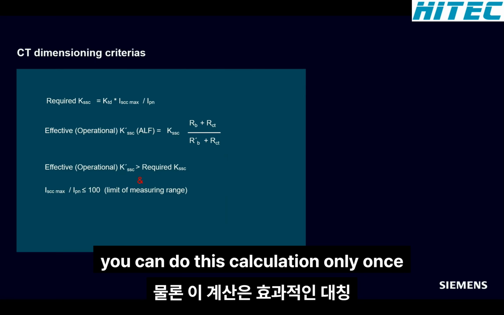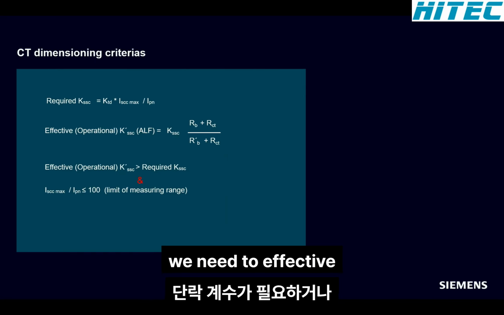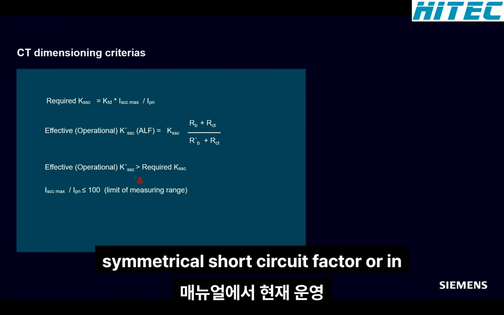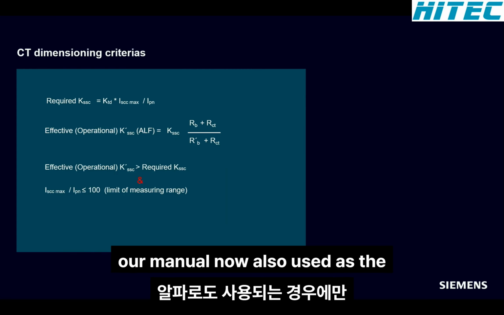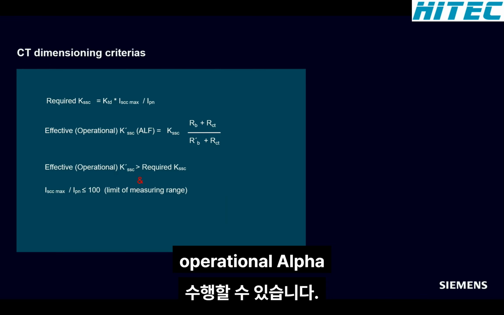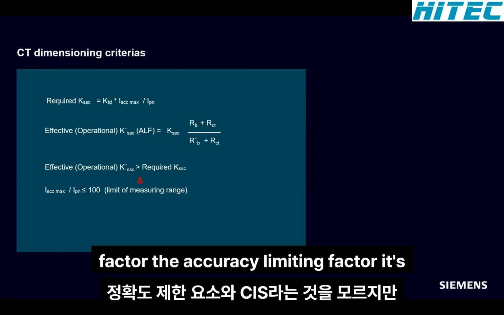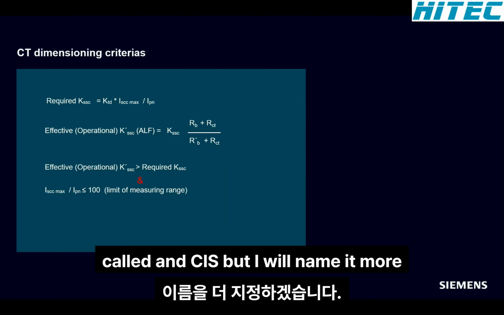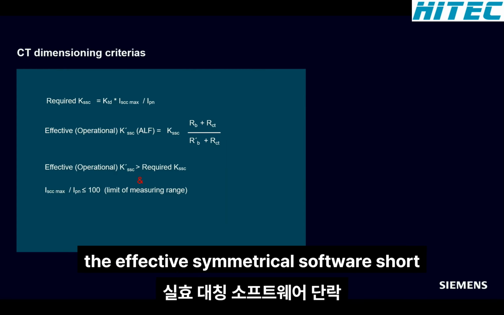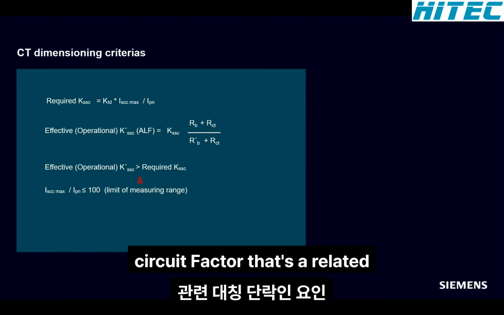calculation only once. We need the effective symmetrical short circuit factor, or in our manual also called the operational ALF, the accuracy limiting factor. I will name it more the effective symmetrical short circuit factor.